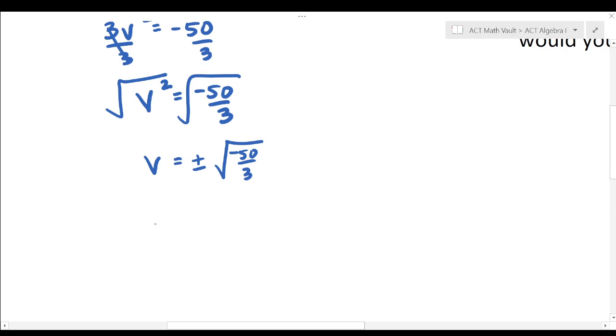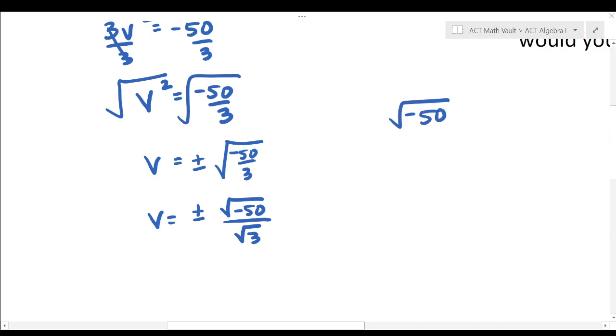Okay. Well, one thing to remember is that the square root of the whole fraction is the same thing as the square root of each piece. So I can basically just simplify the top, the square root of negative 50. Let's do that off to the side.